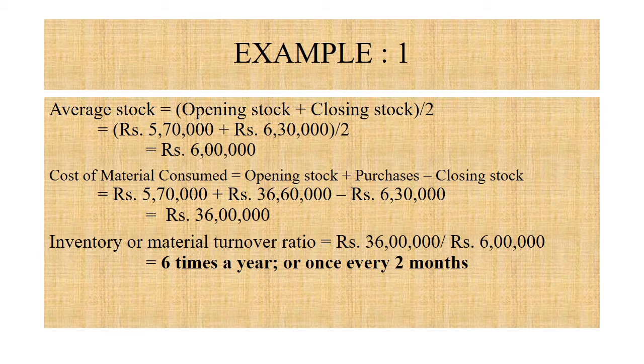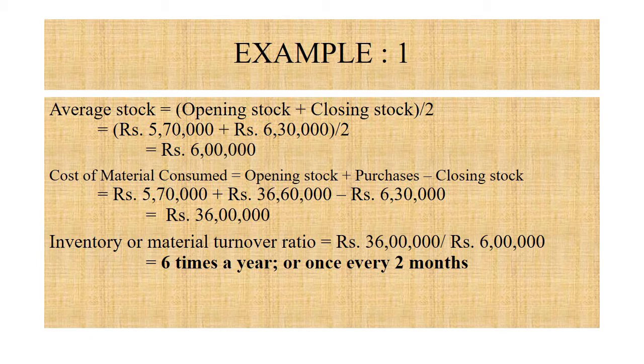Now we'll find out cost of material consumed. The formula is opening stock plus purchases minus closing stock. So the opening stock is 5,70,000 rupees plus rupees 36,60,000 as the purchases minus closing stock rupees 6,30,000. We get the cost of material consumed as rupees 36 lakh.